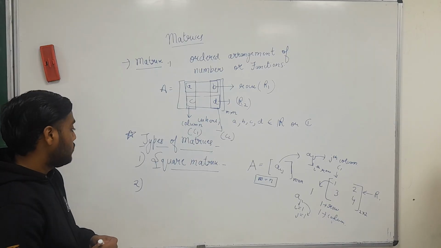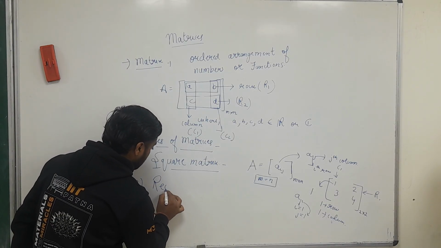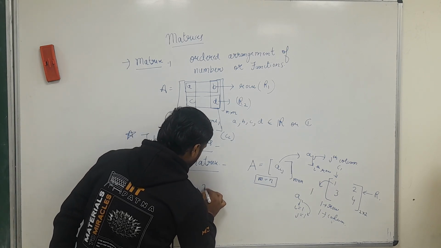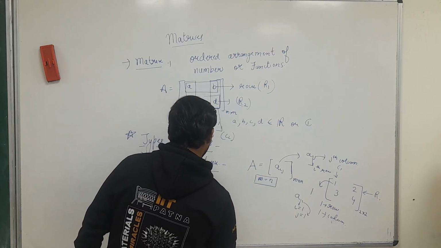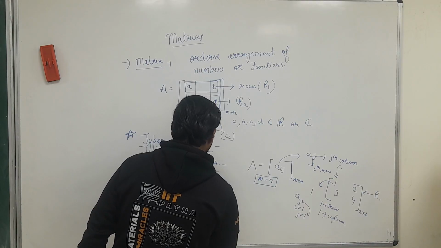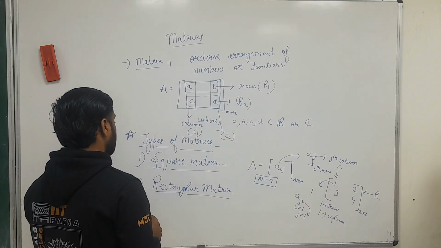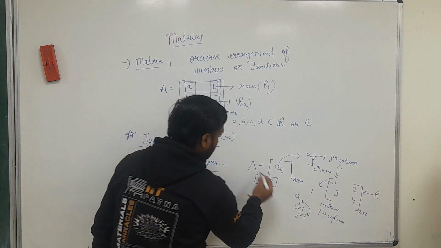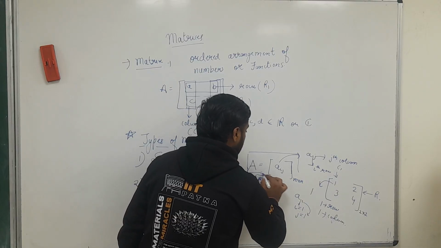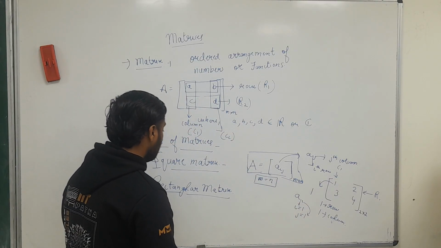And further we move to the second matrix, which is called a rectangular matrix. In further discussion, we always take this notation of matrix.